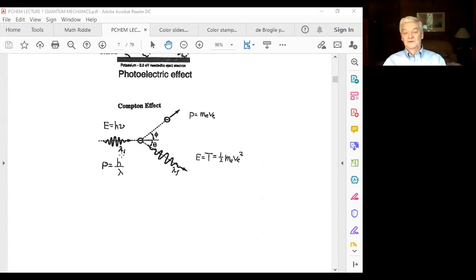In fact, in the real experiment, you have a multitude of electrons being hit by a multitude of photons, and then a statistical analysis is done to see what kind of velocities the electrons have and at what angles they come off and things like that. But to understand it, we're still going to pretend it the way I show you.